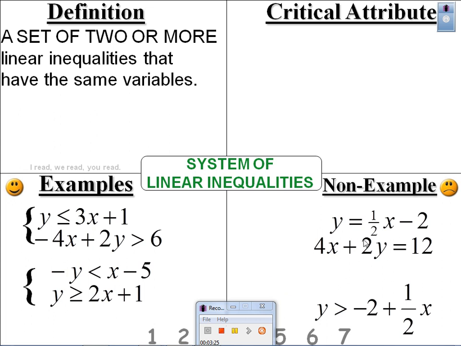All right, talk it over with your neighbor. Let them know why these are not systems of linear inequalities, please.